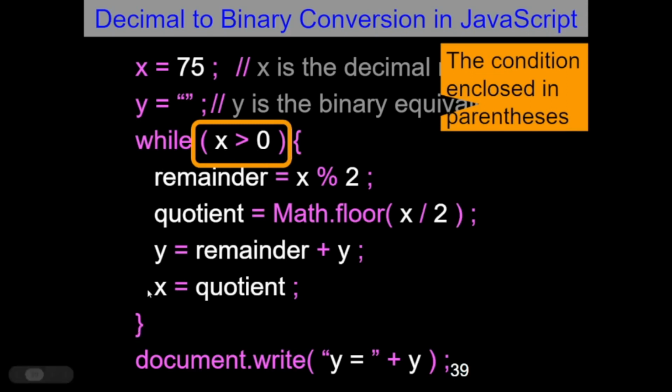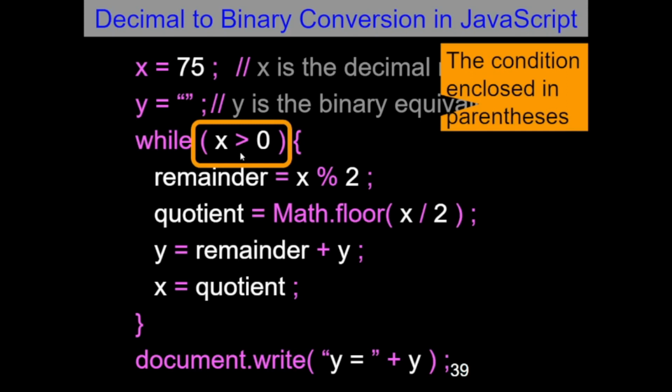These four statements are within the curly braces. As long as the test condition x is greater than 0 is true, the control variable keeps on executing these four statements in order, again and again, unless and until the condition evaluates to false.